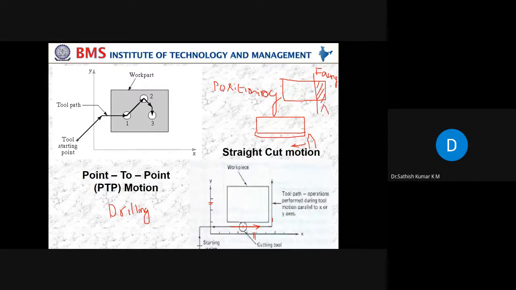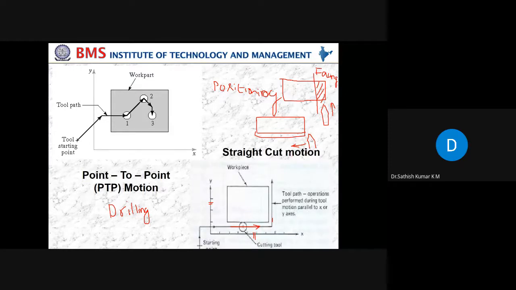The tool is going to be moved perpendicularly, like this, by which the length of the work part is going to be reduced. So this is a case of plane turning. Remember, in turning you are only reducing the diameter of the work part. Here you are only reducing the length of the work part. That is called straight cut motion.